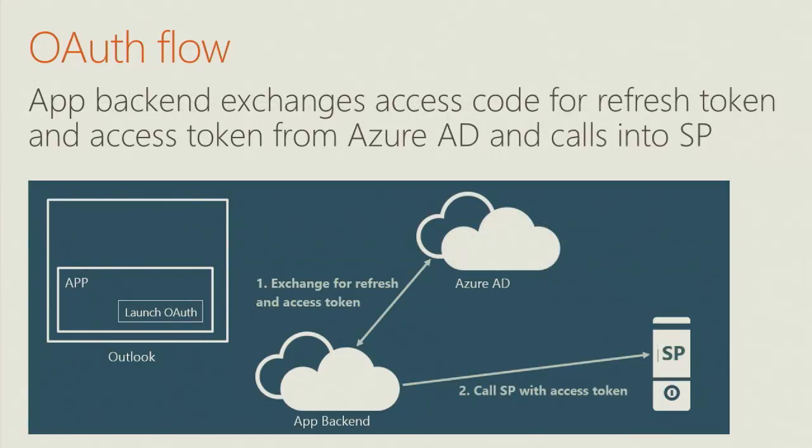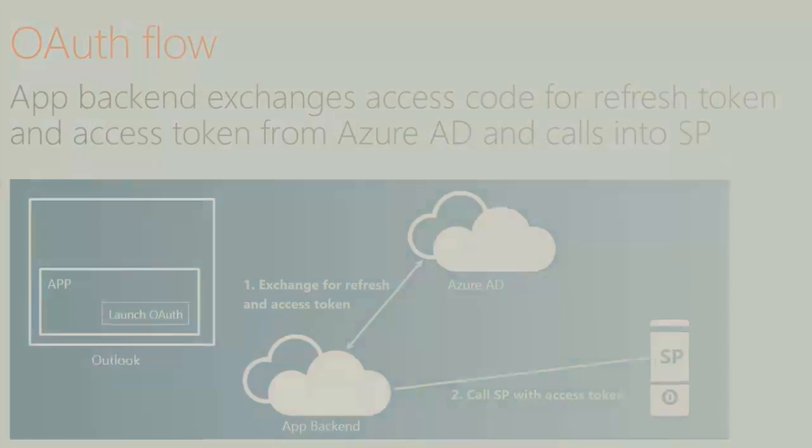And then from the backend, you can now go and exchange it for a refresh and an access token. And now with the access token, we can call into SharePoint. Pretty standard OAuth. There are a couple of handshakes going on there, some data exchange. Take a look at the documentation or some of the other talks of ours. But this is the basics here.